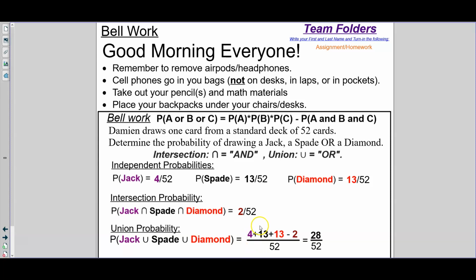And you can see there's the 4, 13, 13 added together, and we subtract the 2, which is the intersection, and put it all over 52. Don't forget to reduce this. This does reduce to 7 out of 13, and then you'll get your decimal, which is 0.538 or something like that, so it rounds to 0.54. All right, moving on. Make sure you have that on your bell work.